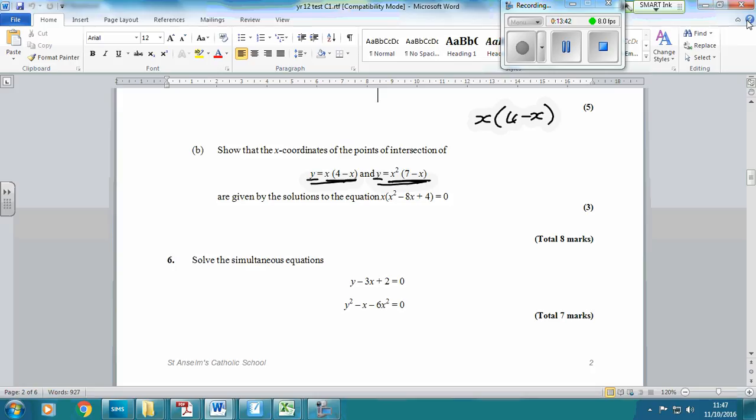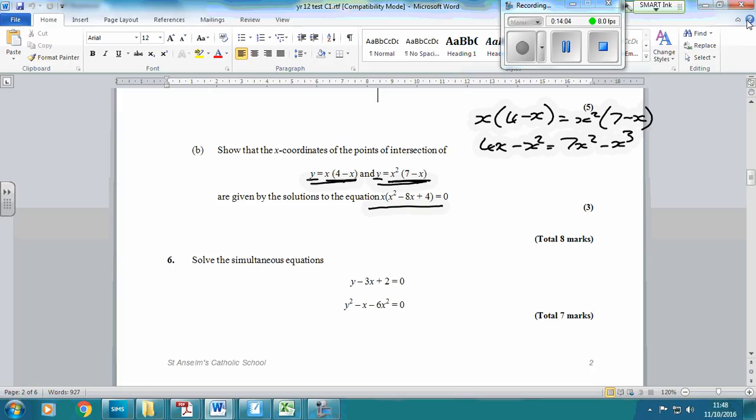So x bracket 4 minus x equals x squared bracket 7 minus x. And then they want us to rearrange it so it looks like this, which should be easy enough. We're just going to multiply out the brackets. So 4x minus x squared equals 7x squared minus x cubed.